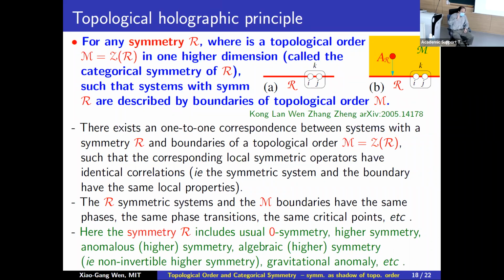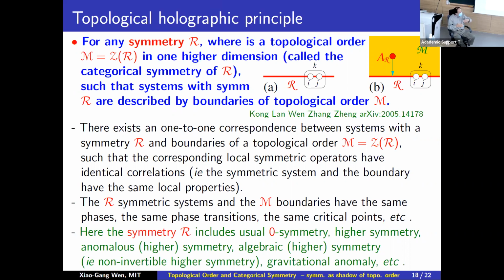Only local correlation functions of local symmetric operators are related to the boundary operators of a topological order. So in some sense, we're saying that the boundary operators of a topological order do not include charge operators in the system. Only the local symmetric operators in the system correspond to boundary operators in the topological order. Therefore, we need to make some restriction on the system.